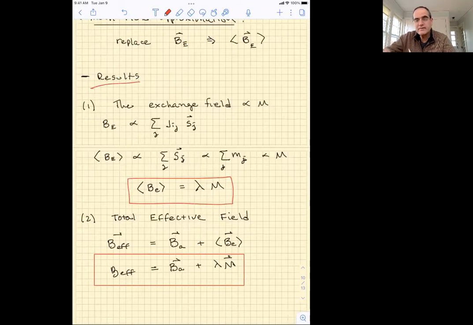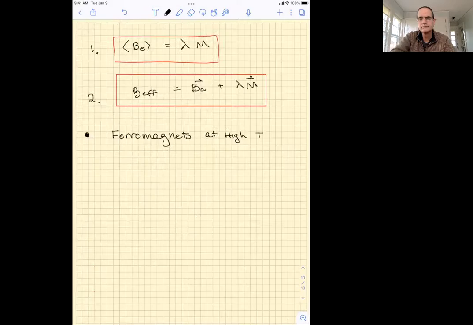Well now let's see what we can do with these results. First, we can investigate how ferromagnets behave at high temperatures. So remember the simulation? We found that at high temperatures, we go through a phase transition, and above the phase transition, the material behaves like a paramagnet.